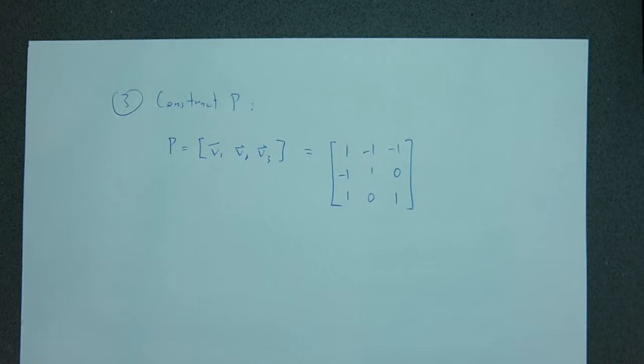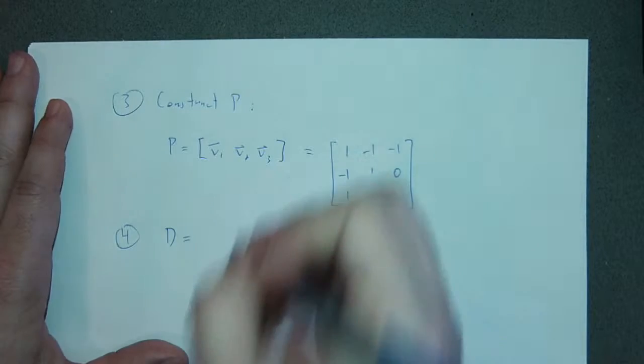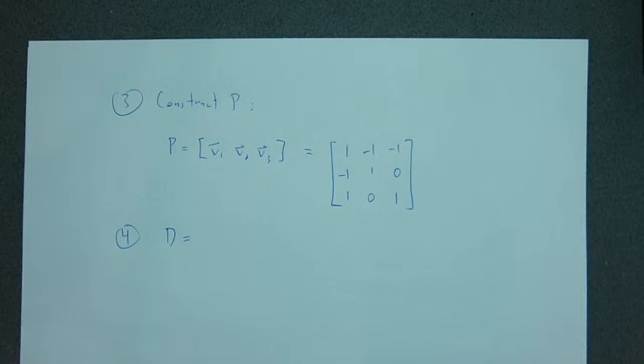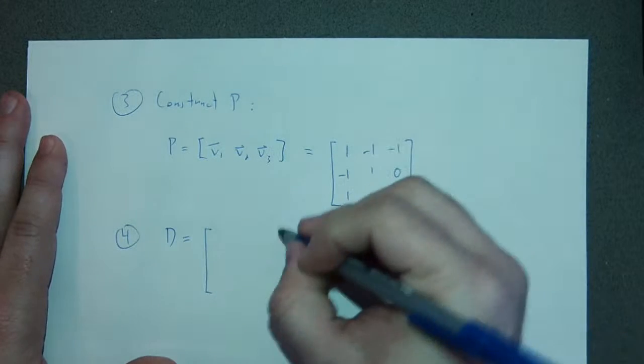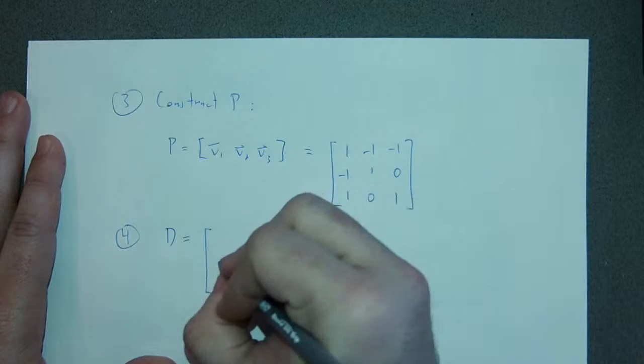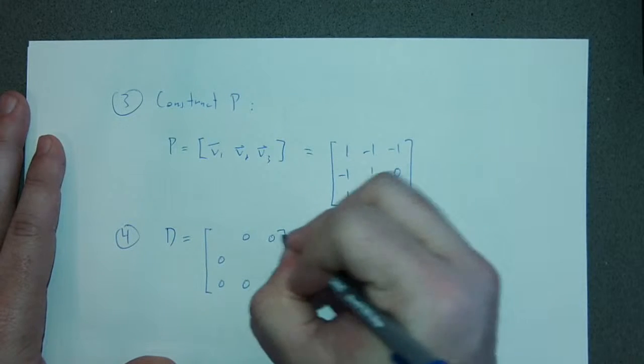And now I construct D. Here is everything I've been mentioning about how to construct D in a way that corresponds to P. The idea is we know that D is diagonal, so D is a diagonal 3 by 3 matrix.